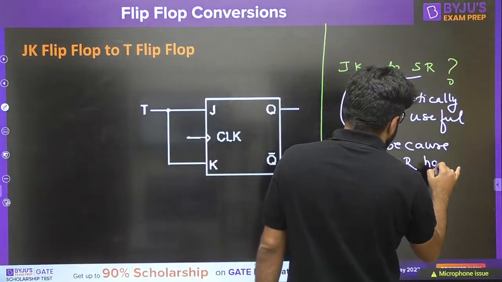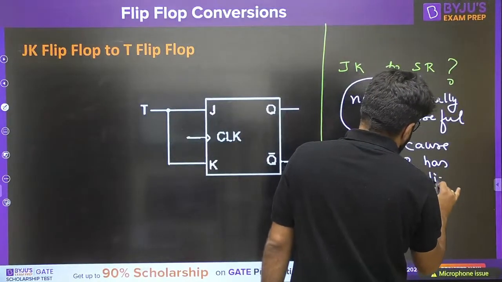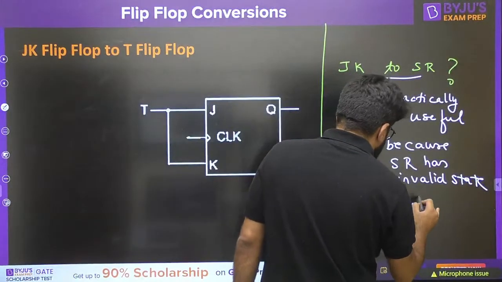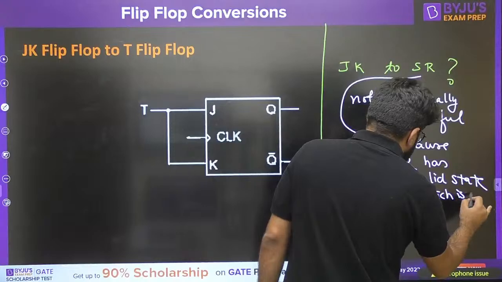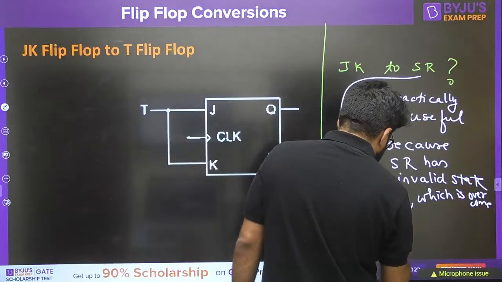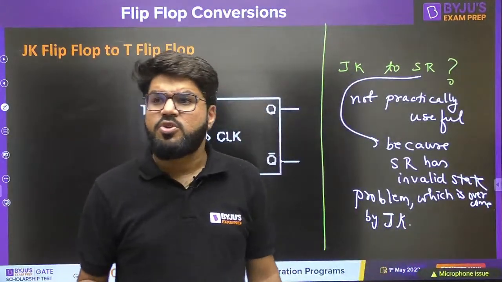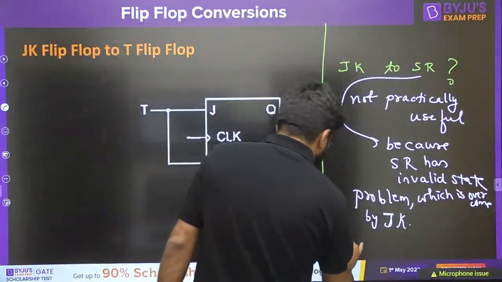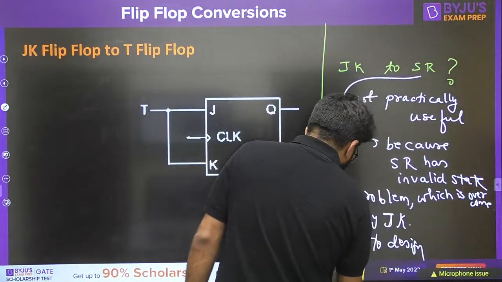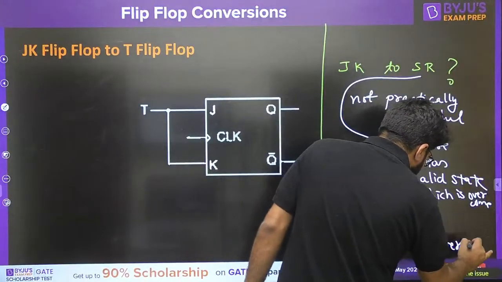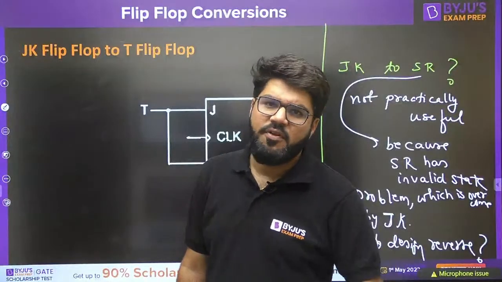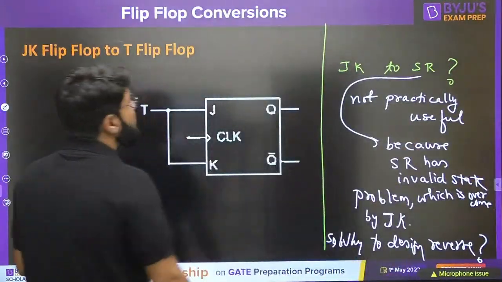Because SR has the invalid state problem, which is overcome by JK. So JK overcomes SR. So why go in reverse? There is no point. Why go into a problematic state when you already have a JK flip-flop which eliminated the problem of the invalid state? That is why I'm not preferring it.